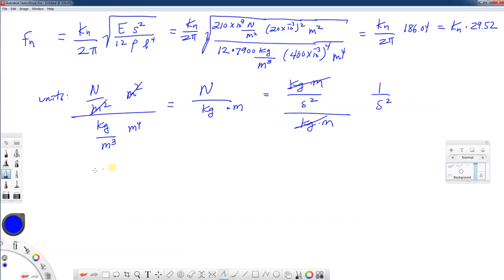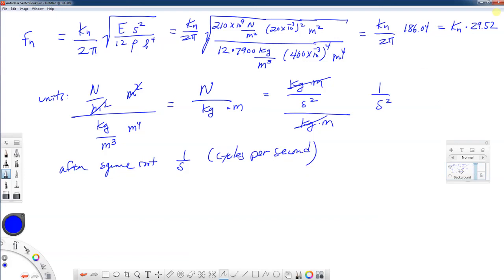So when we take the square root, our units will be 1 per second. So it would be cycles per second. Alright, so we just want to be a little bit careful with those.